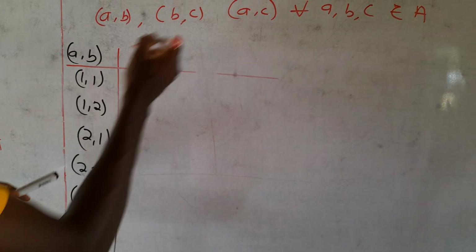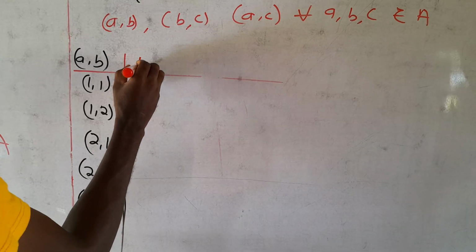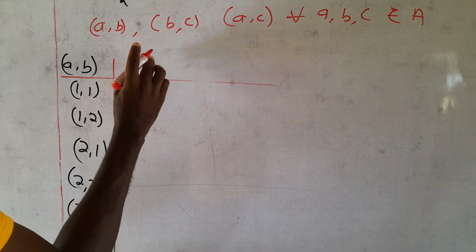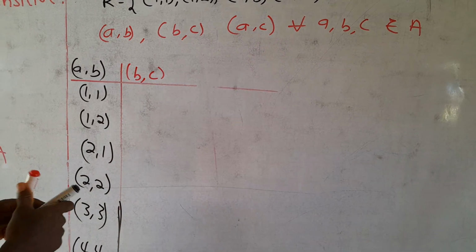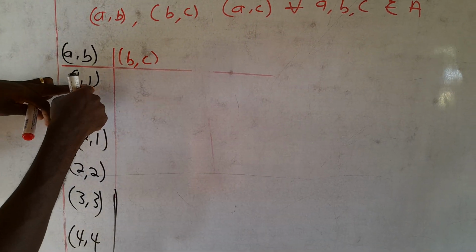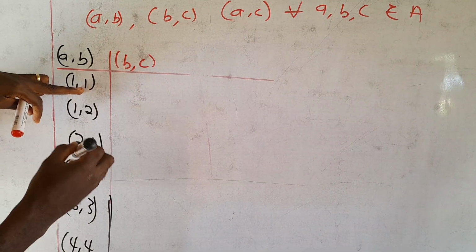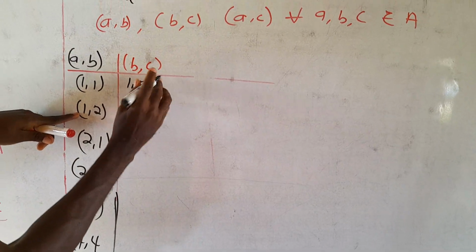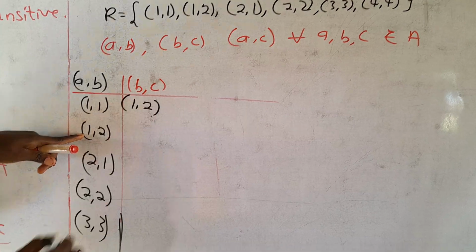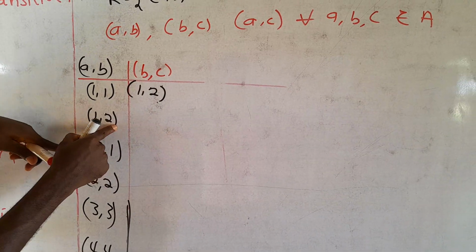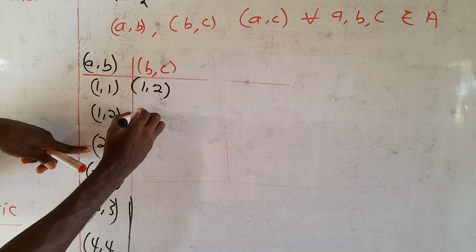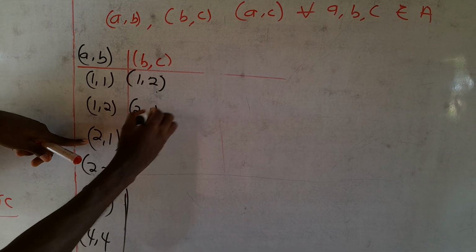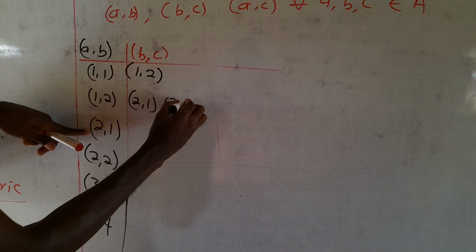Now I'll have (b,c). That means I will list the relations where b starts. So where are the relations that 1 starts? We'll have (1,2). The relations that 2 starts, we have (2,1) as well as (2,2).